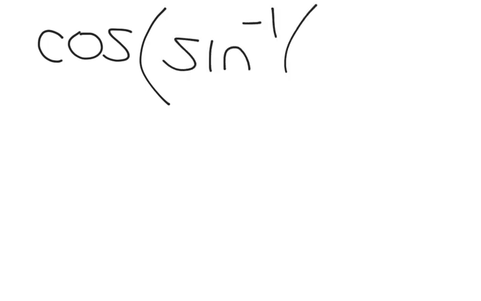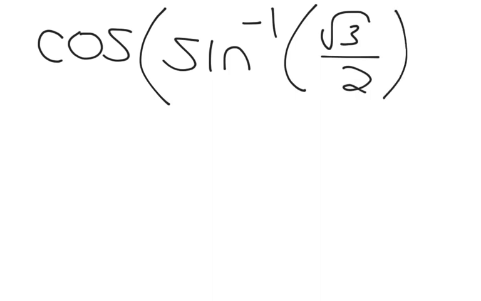What is cosine of inverse sine of root 3 over 2? Where do we always start when we have problems? In the parentheses, right? So we're looking at this part first.